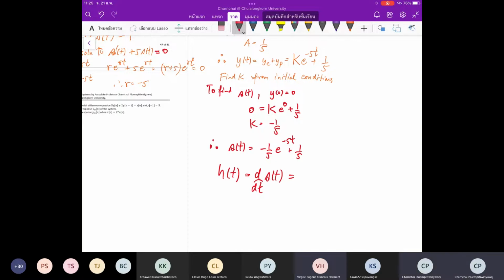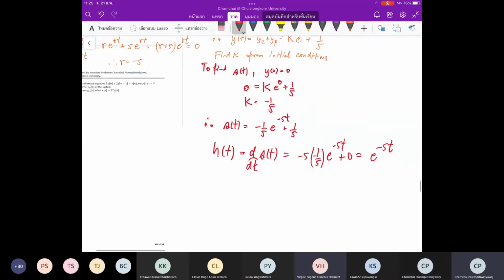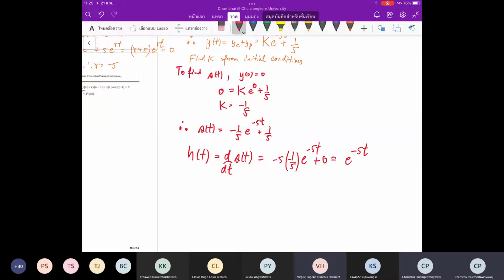So we get negative 5 times negative 1/5 e to the negative 5t plus 0, right? Which is e to the negative 5t. Remember, this one is only valid for t more than or equal to 0.